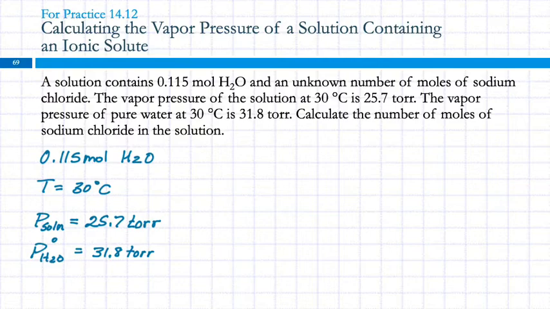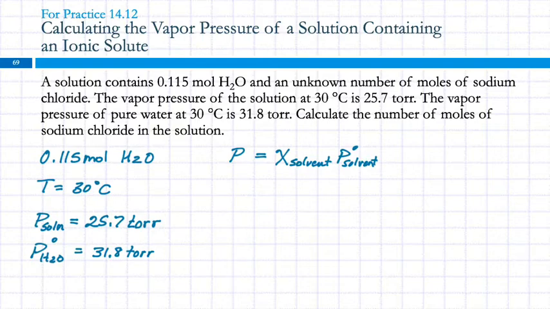Well, what was the equation for vapor pressure lowering? The vapor pressure of the solution is equal to the mole fraction of the solvent times the pure vapor pressure of the solvent.